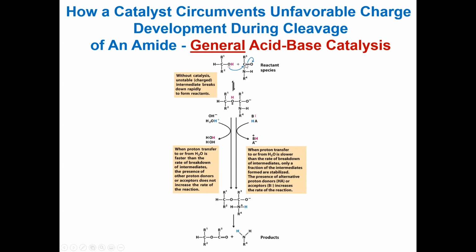You are familiar with the peptide bond, so that's what is shown here. Imagine that this is an alcohol as shown here, but it could be just water, so you can have HOH if you want. So hydrolysis of a peptide bond, or reaction of an alcohol with an amide to generate an ester and amine as product, whatever you want to look at it.